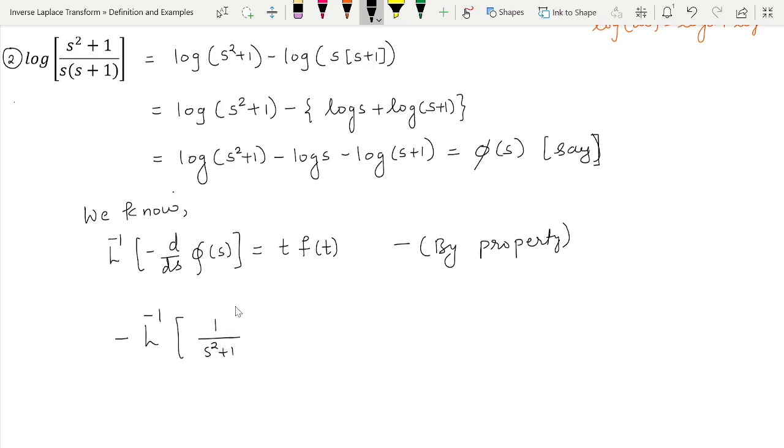So 1 upon s square plus 1, and since this is other than s, we have to multiply by the derivative of s square plus 1, and that is nothing but 2s. So in the numerator you will have 2s, minus 1 upon s, minus 1 upon s plus 1, which will be further equal to t multiplied by f of t.